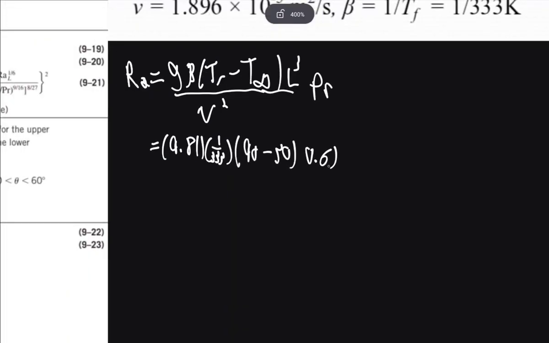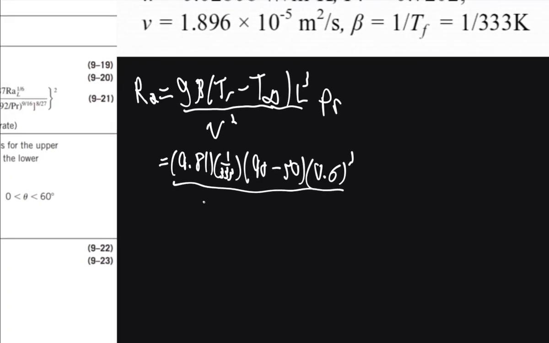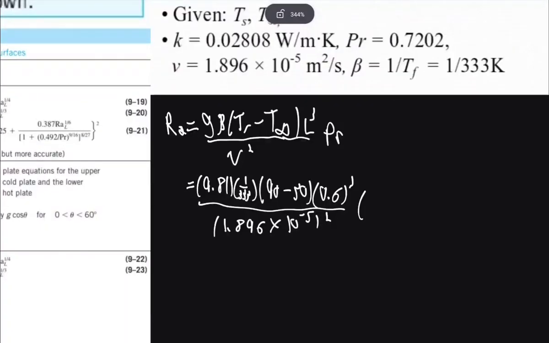So 0.6 cubed. Kinematic viscosity is given to us, 1.896 times 10 to the negative 5, squared, times the Prandtl number. Is that given to us? It is, 0.7202.